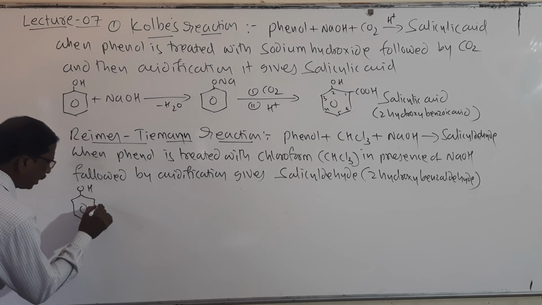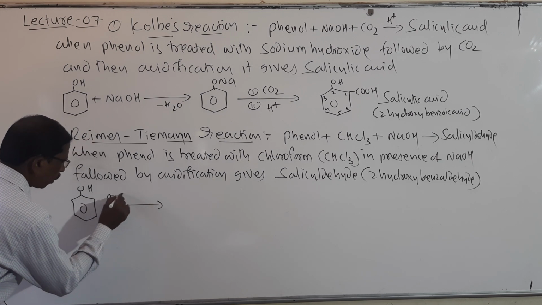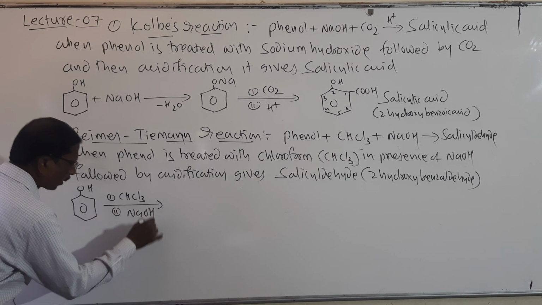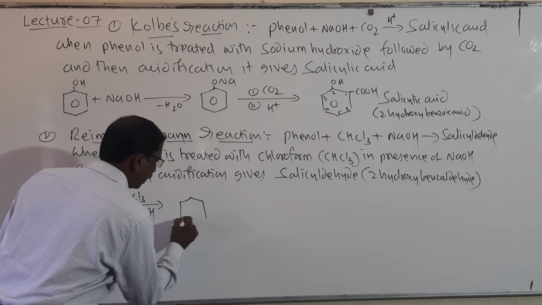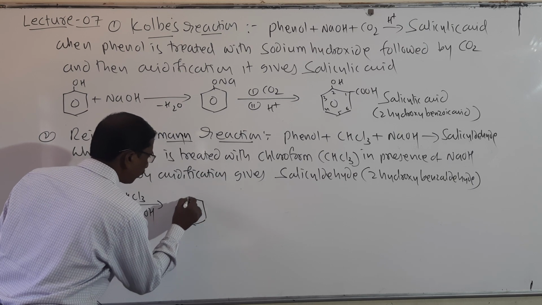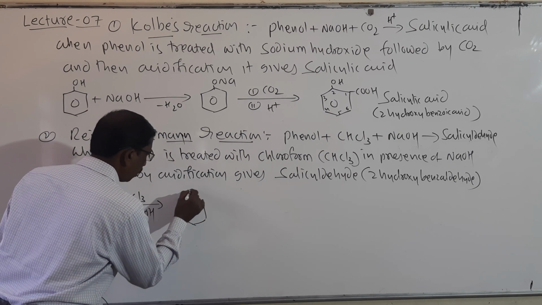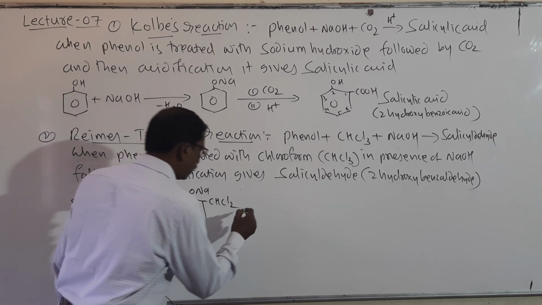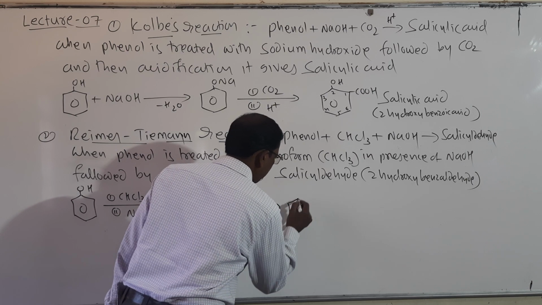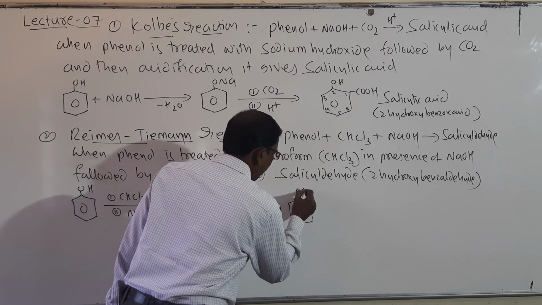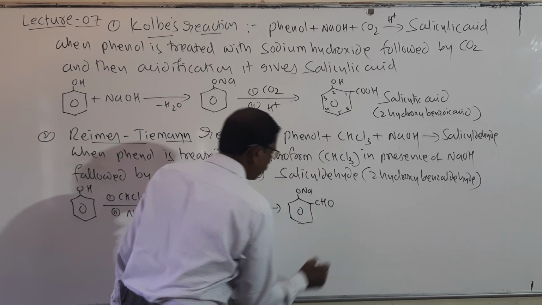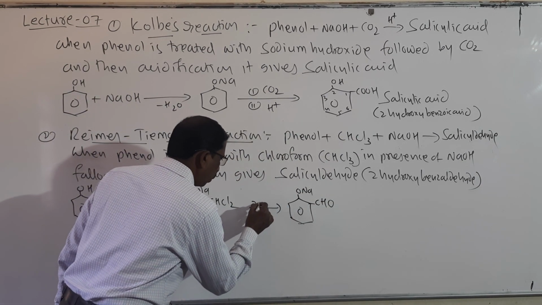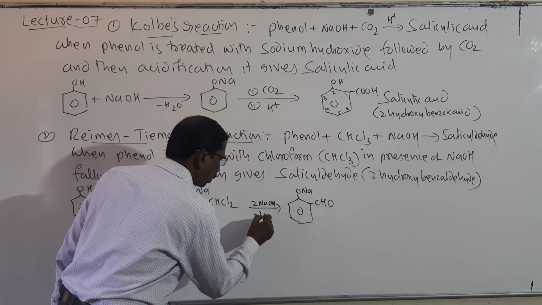So when phenol is treated with chloroform, CHCl3, and then NaOH, it forms a transition compound, ONa with CHCl2, an unstable transition state, and then it forms ONa with CHO. Here it is 2 NaOH and minus 2 NaCl.